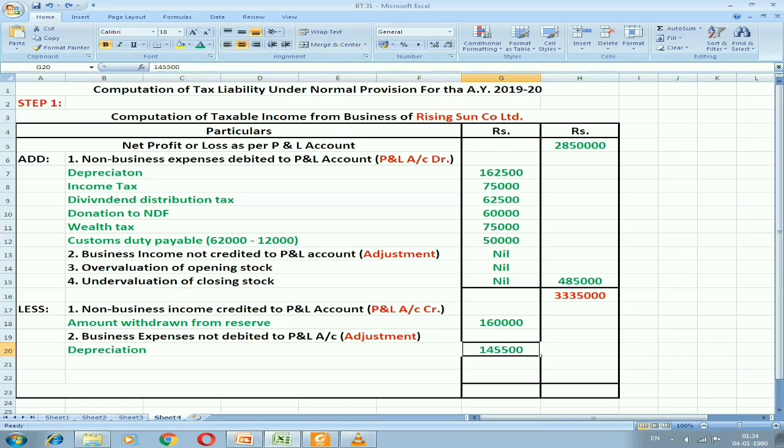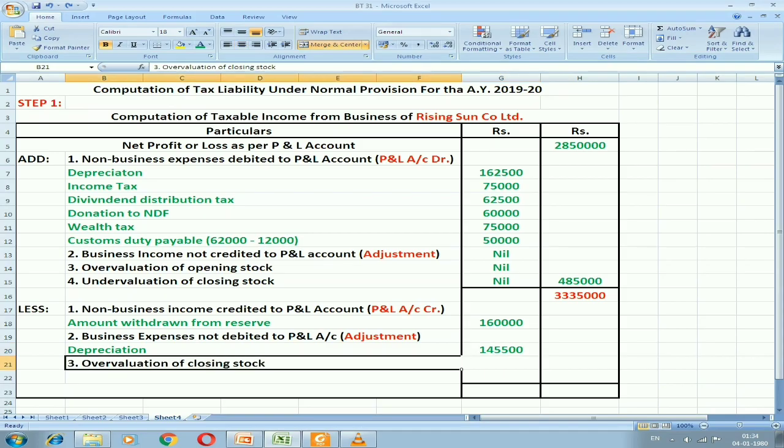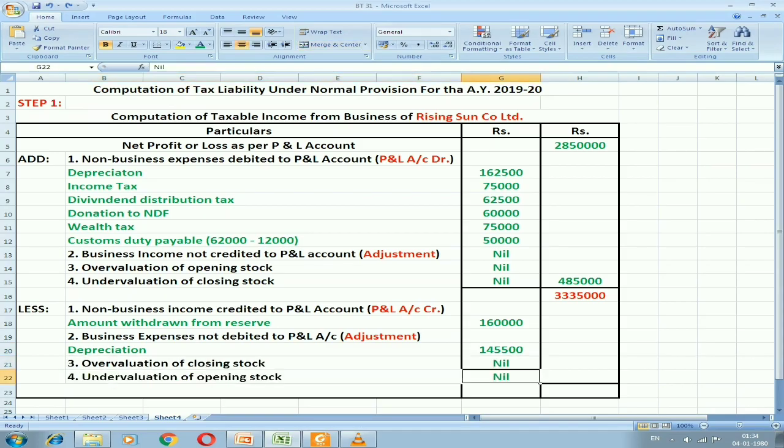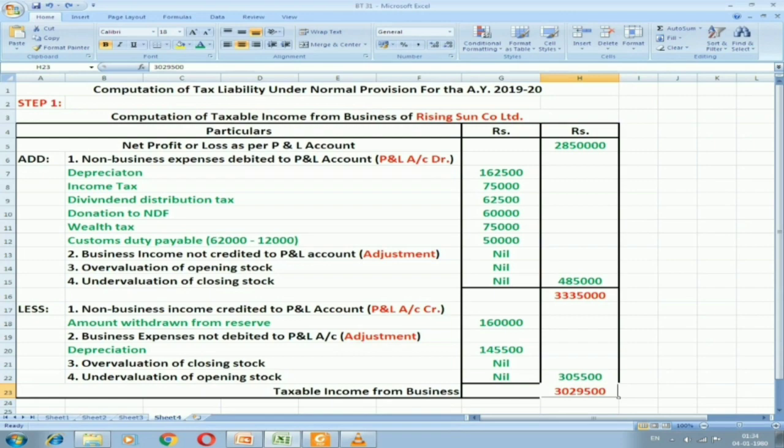Apart from that we don't have any other business expenses in the adjustment. Next, overvaluation of closing stock and undervaluation of opening stock, both will be nil as we don't have any opening stock or closing stock. Then if we do the total, we'll get an amount of 3,05,500. By deducting that, we'll get taxable income from business amount of rupees 30,29,500.